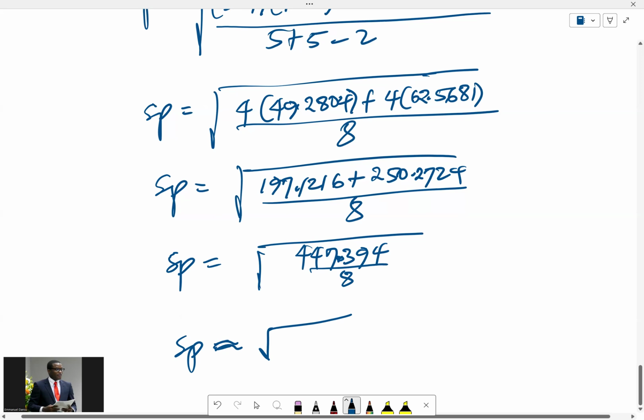So now it's becoming approximated. This is 447.394 divided by 8. That is 55.92425. Now we're interested in the square root.